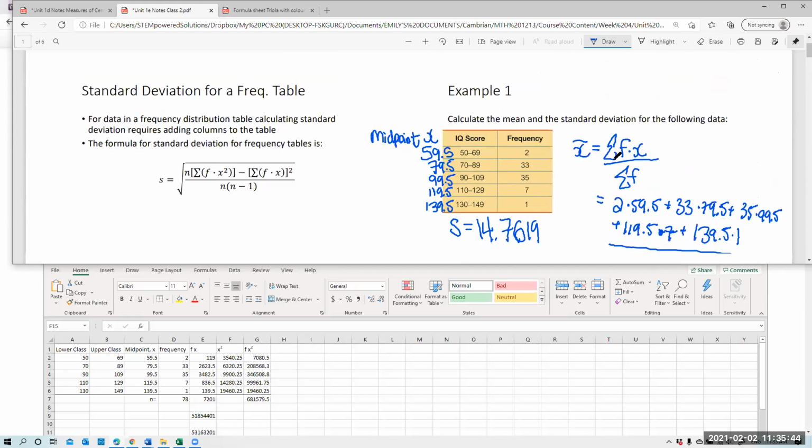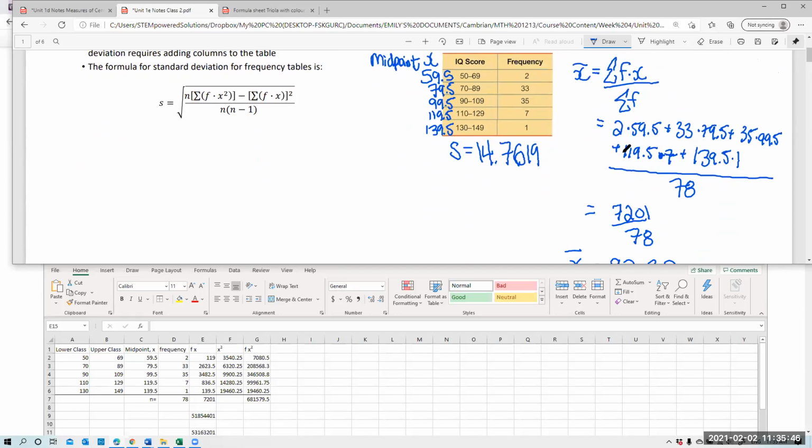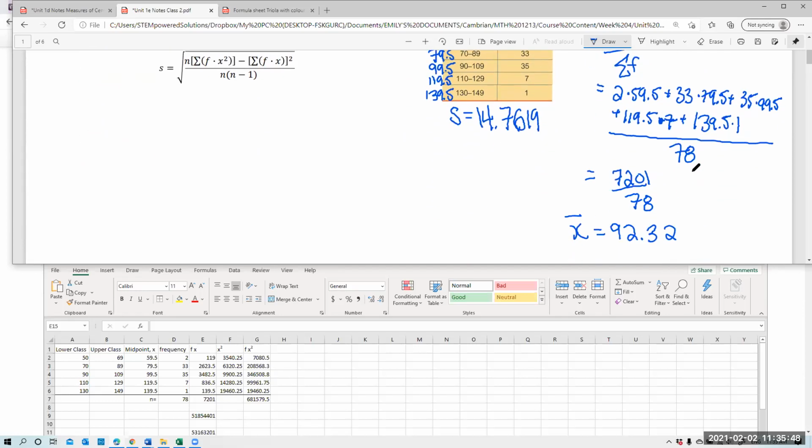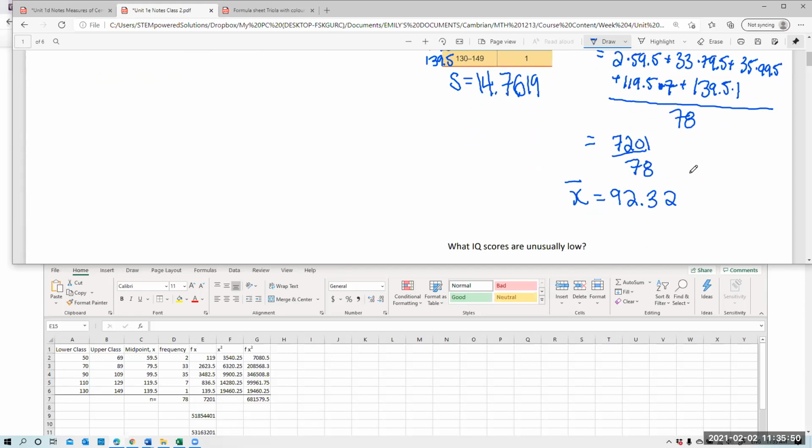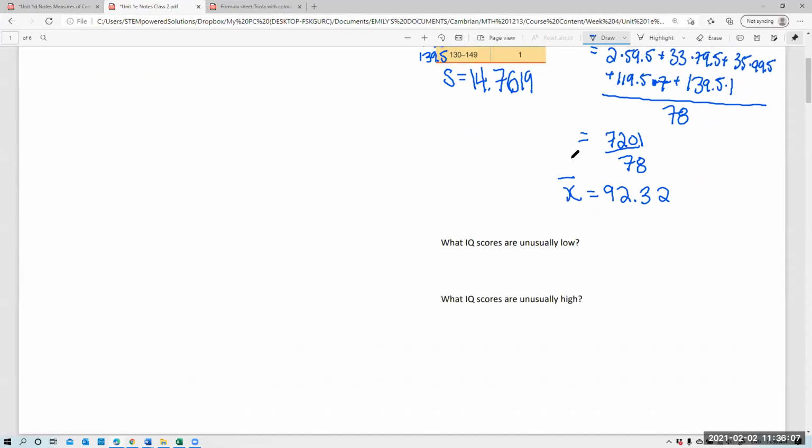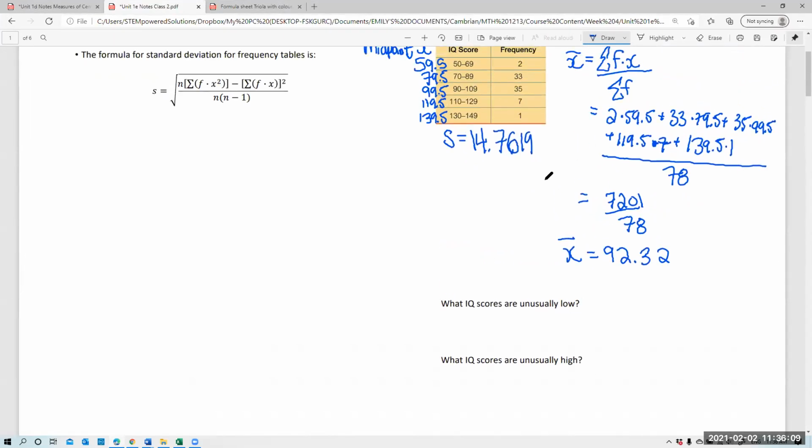And we found it using this formula. All right, so we know what our average is and we know what our standard deviation is. So what IQ scores would be unusually low? I'm going to give you a minute to think about that. We know what our standard deviation is and we know what our mean is. What IQ scores are unusually low? And what IQ scores are unusually high?